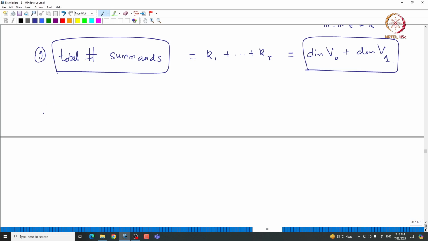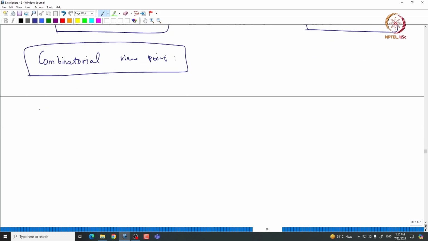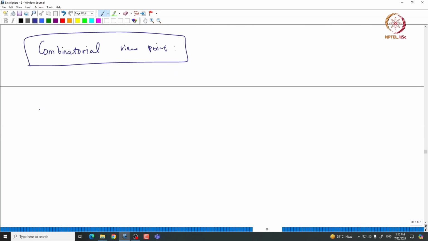So, this is from the combinatorial viewpoint. We can say that all these numbers that actually occur here have an important property.